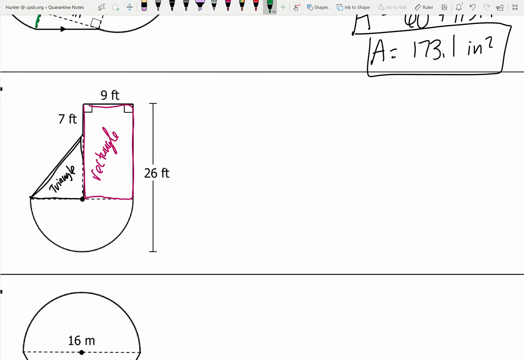And this right here, the last shape of this composite figure, is a half circle. So use this to find what we need. And I believe we have enough information for that.